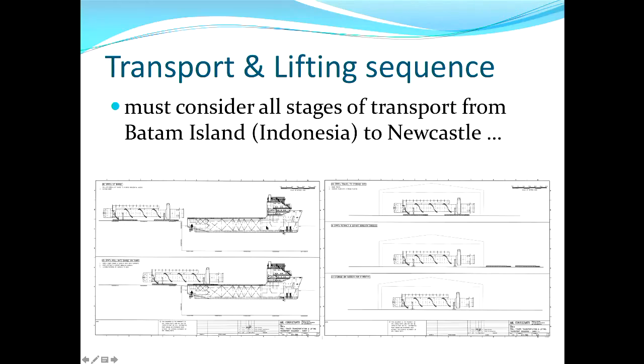The vessel that it's being loaded onto has to take on ballast to bring it down to the level of the wharf, and when it's at the right level, the prill tower is rolled on, sitting on the ship. And then there's a sea journey. I'll say a little bit more about the sea journey.